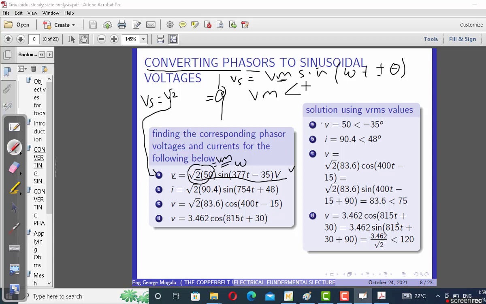If it is plus, you just put plus theta. You have converted this into polar format. Here you are maintaining Vm as the radius value. But if you want to maintain the radius value as the RMS value, you can also say Vs is Vm divided by root of 2. Remember that converting the amplitude value to the root mean square value is just the amplitude divided by root of 2, and then we maintain the angle as that.